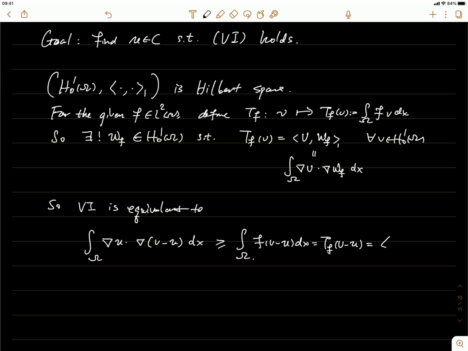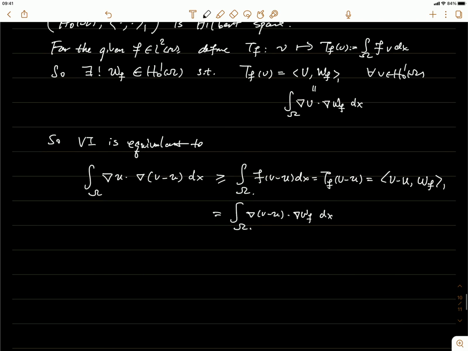This is equal to the inner product of v minus u and wf in H01, and eventually this is just equal to the integral of the gradient of v minus u times the gradient of wf dx. Okay, and then we can move the right-hand side to the left-hand side. We see they both have this common term.